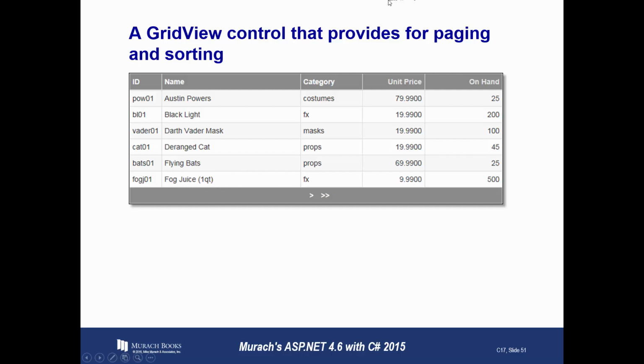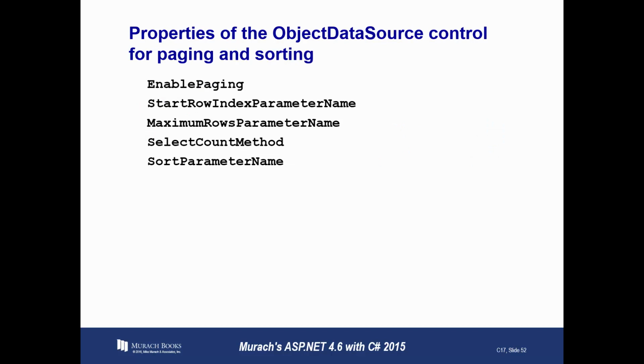So when you use an object data source, you should know that it doesn't automatically provide paging and sorting like a grid view or list view does. To create an object data source control that provides for paging, you've got to set the first four properties that are shown here. Those are enable paging, which you set to true to support paging.